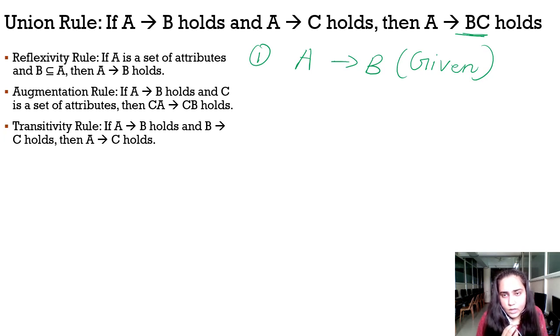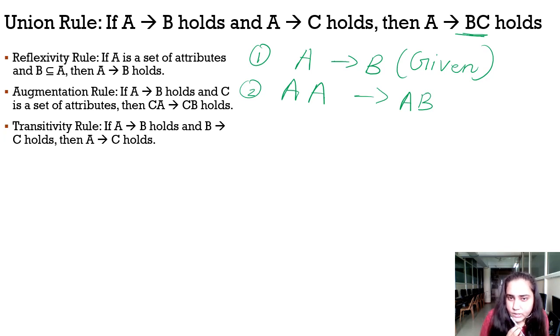Now in this, I want to make sure that I get what I want. So what I'm going to do for this part is I'm going to augment A. So basically what I'm doing is, in my next step, I will write down AA determines AB.